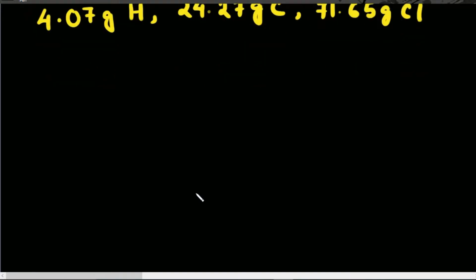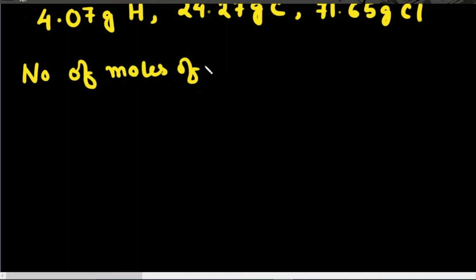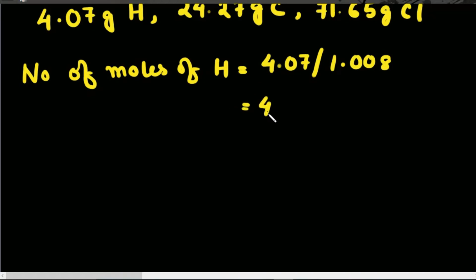Next, we need to find the number of moles of each element. Number of moles of hydrogen is equal to the given mass divided by the molecular mass, that is 4.07 divided by 1.008, which is equal to 4.0.